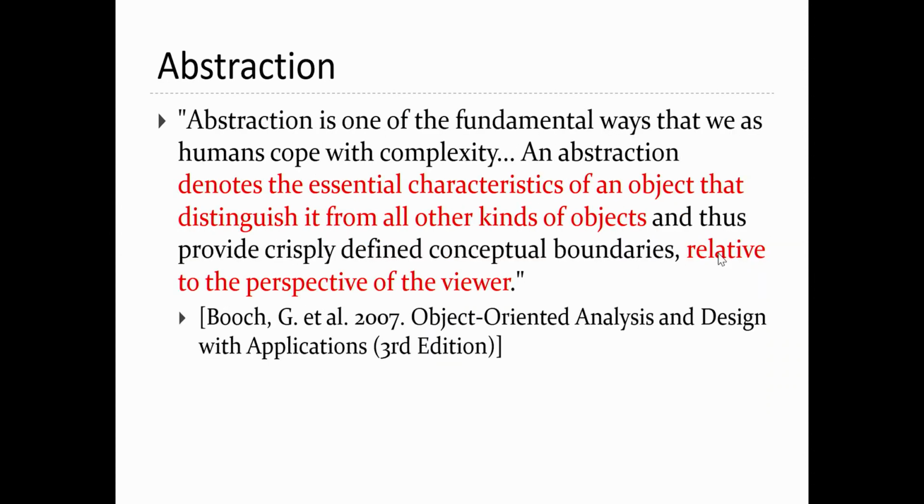So what does this line here mean? It means something like the following. Imagine you wanted to create a class called car that represents a vehicle. Now, exactly what would you put into that class? What data would you put into it? What methods would the car class have? The answer is it depends. It depends on why you are making this car class. Are you making this car class because you want to sell used cars?